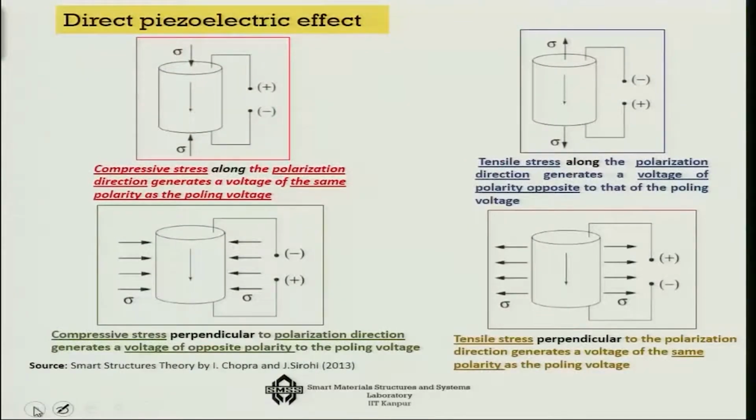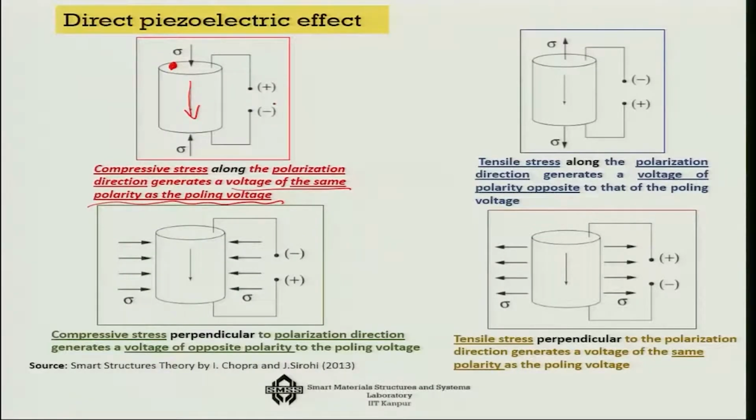Now there are various ways in which we can define this piezoelectric effect in the direct effect and the reverse effect. What is positive, what is negative? One of the conventions is like this: suppose this is my direction of polarization, that means I have a black spot here, and if I apply compressive stress along this polarization direction, then it will generate a voltage of the same polarity as the poling voltage.